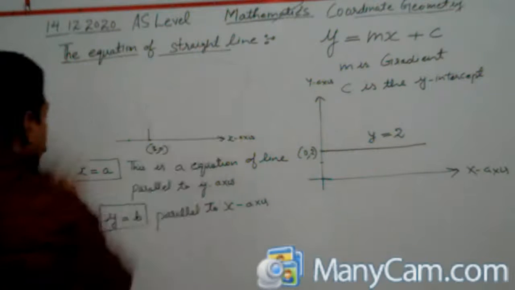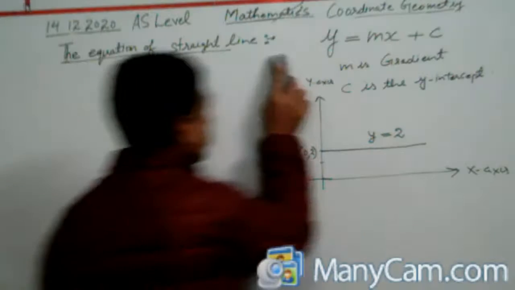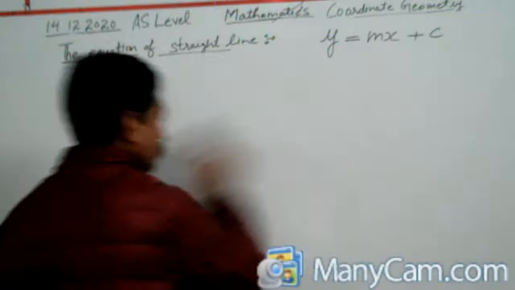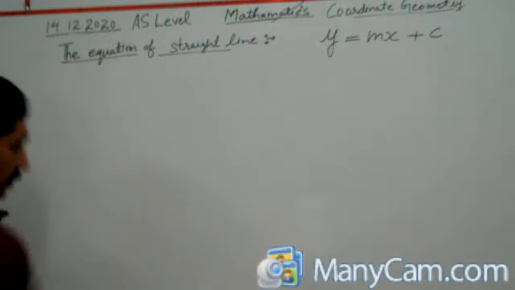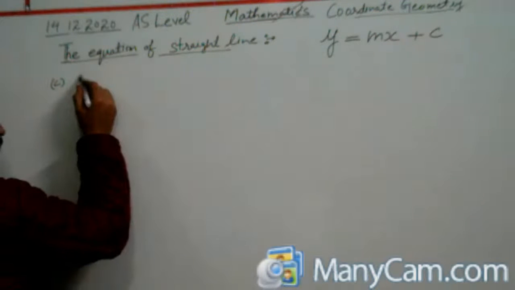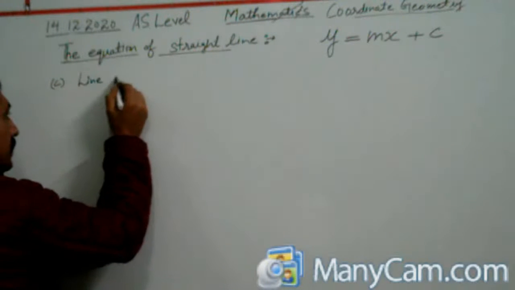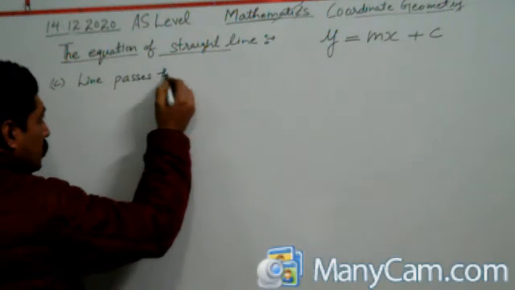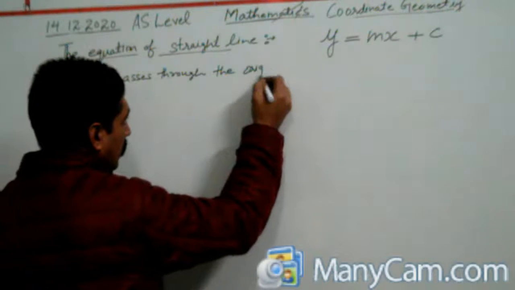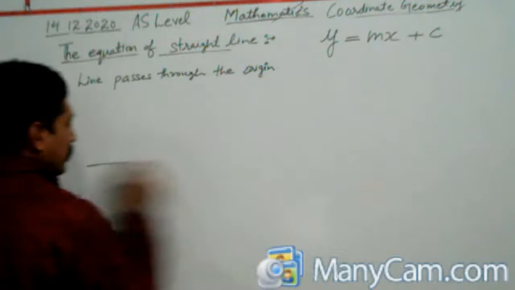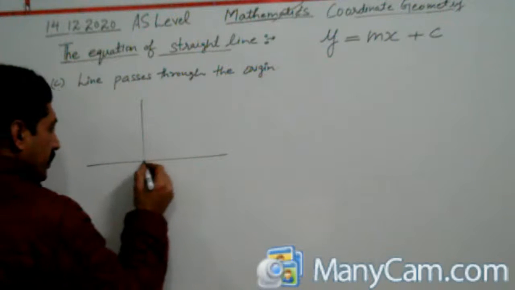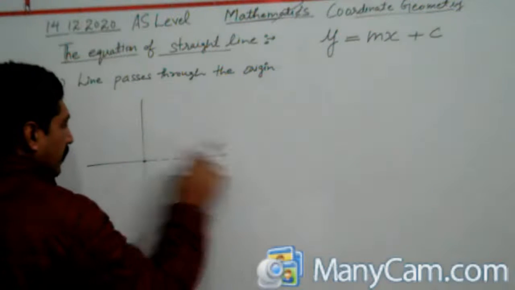Part C: when the line passes through the origin, this is the origin of the coordinates, this is the x-axis.